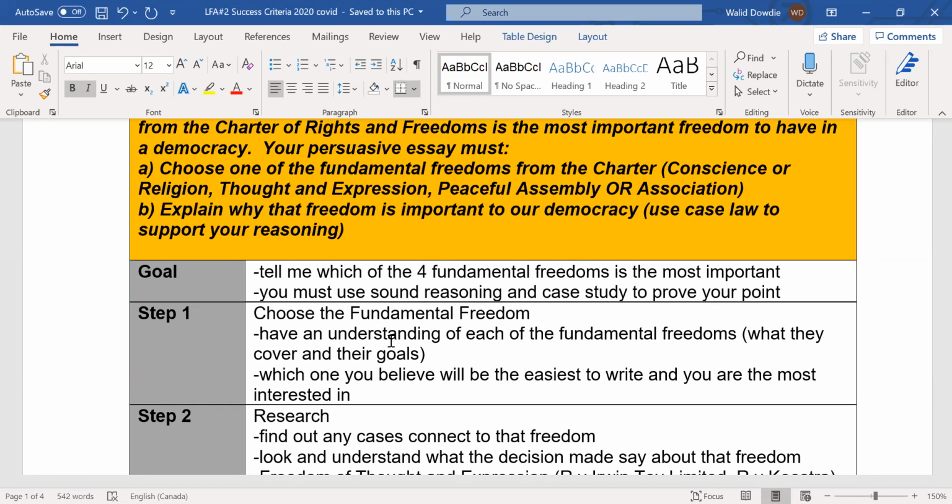Choose the one you're most interested in because you'll make a better essay than if I told you that you're doing freedom of assembly and you're doing conscience and religion. You need to choose the one you want. I don't care if everyone chooses the first one or A, B, C, or D. Doesn't matter to me. Just make sure you choose one.